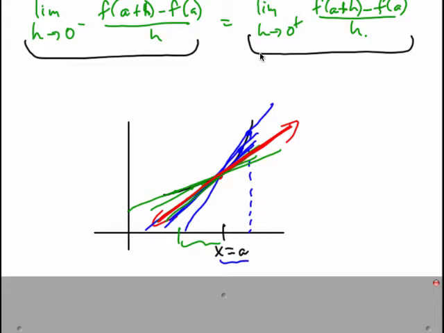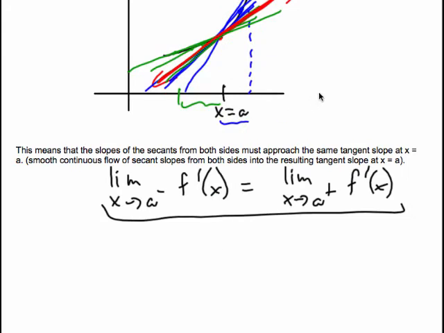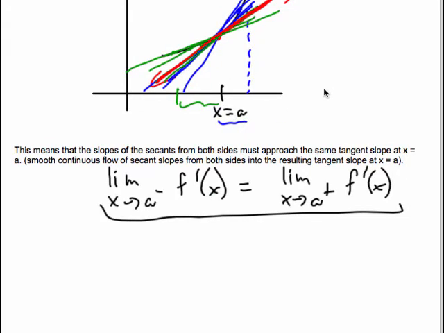So the way we say that is we say that the slope coming in from the left must equal the slope coming in from the right. In some books you'll see this idea represented as the limit as we approach a from the left side, the slopes must approach the same on the right side.